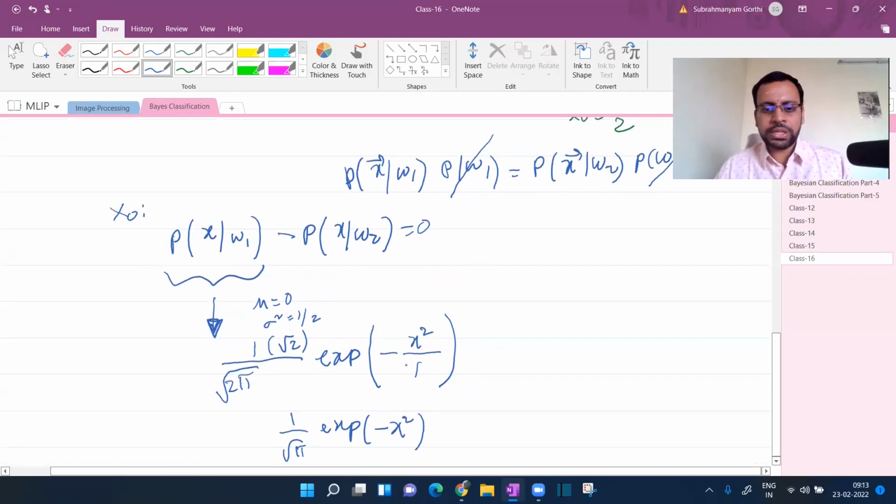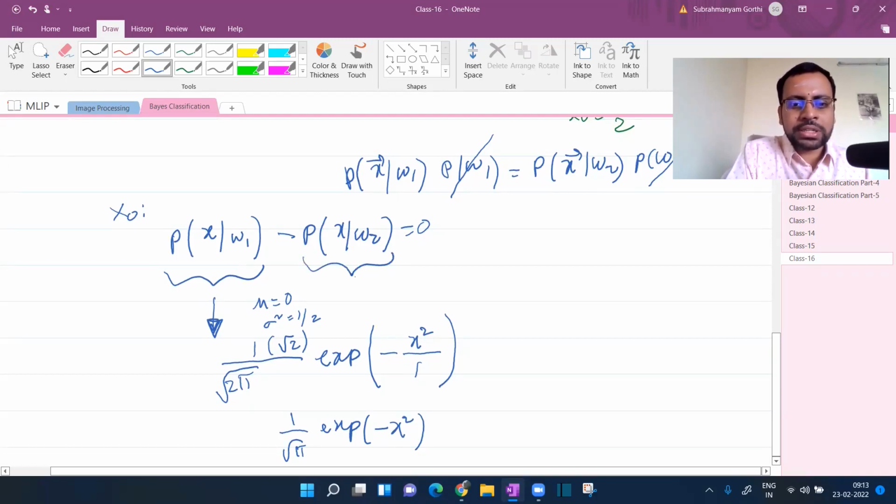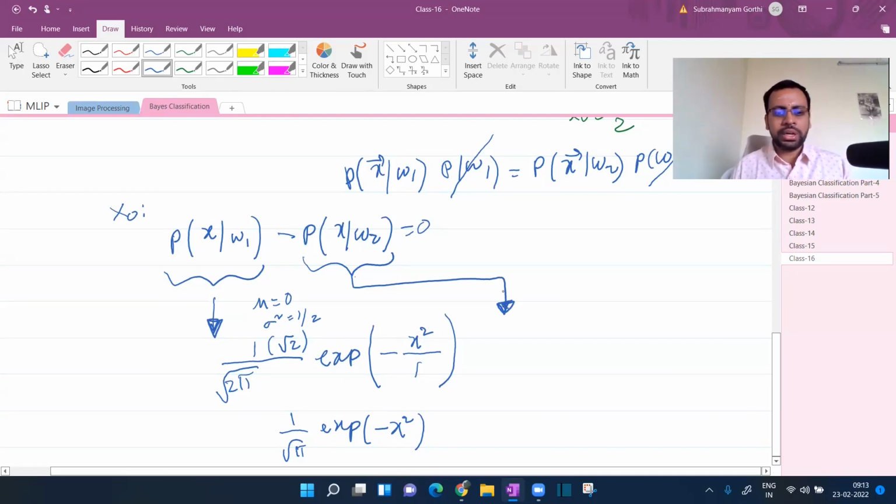Hope everybody is with me till here. So let's please do the same thing here and tell me what it is that you get. If the earlier steps are clear, you should be able to do it well before me. Please work it out yourself. 1 over root 2 pi.